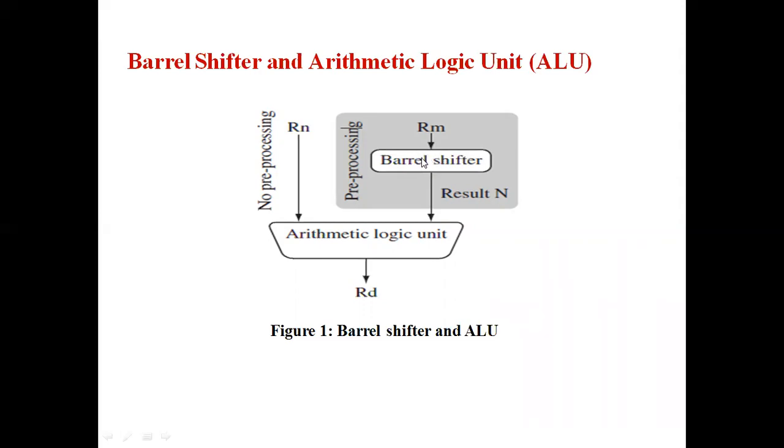If a logical shift left is performed on the content of register Rm, the result is stored in operand N. This result is added with another register operand by the arithmetic logic unit, and the result is stored in the destination register operand Rd.